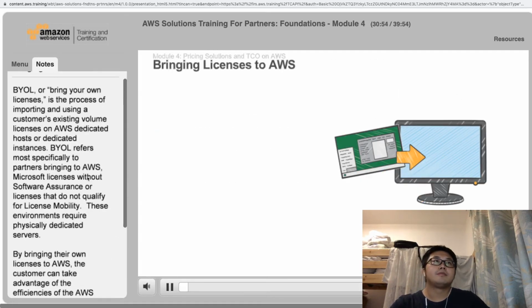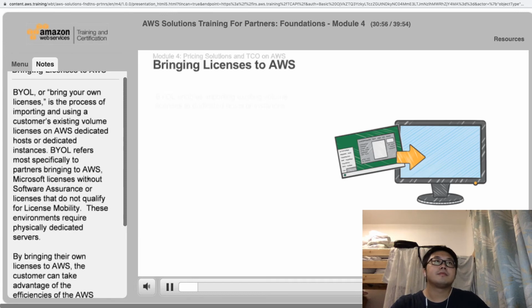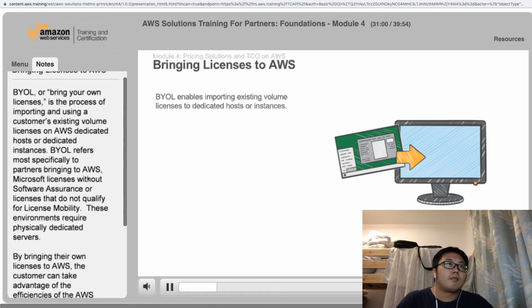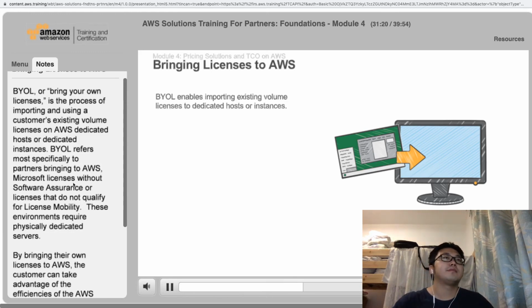BYOL, or Bring Your Own Licenses, is the process of importing and using a customer's existing volume licenses on AWS dedicated hosts or dedicated instances. BYOL refers most specifically to partners bringing to AWS Microsoft licenses without software assurance, or licenses that do not qualify for license mobility. These environments require physically dedicated servers.